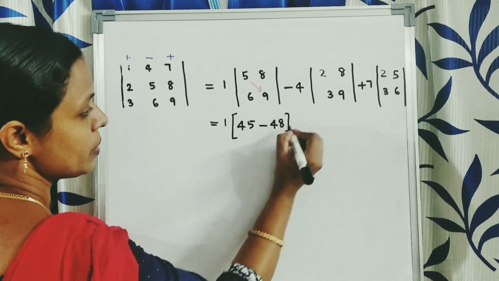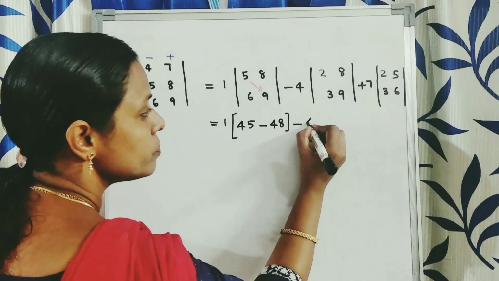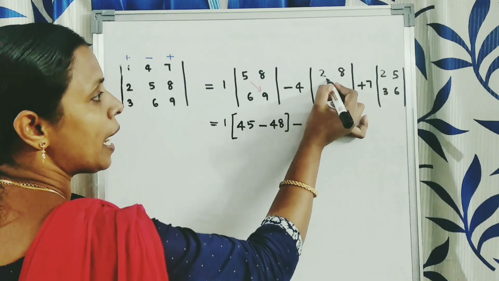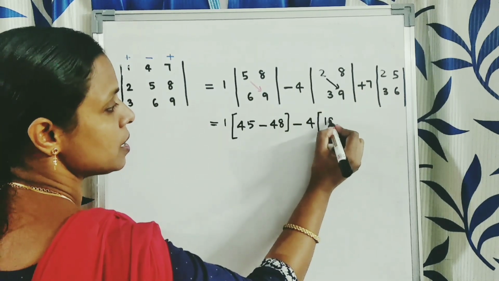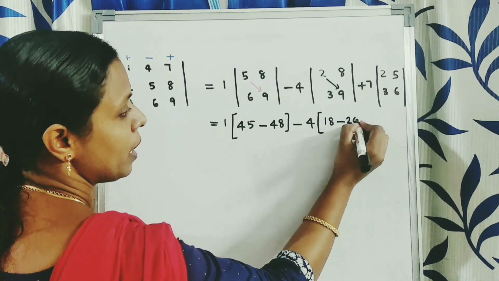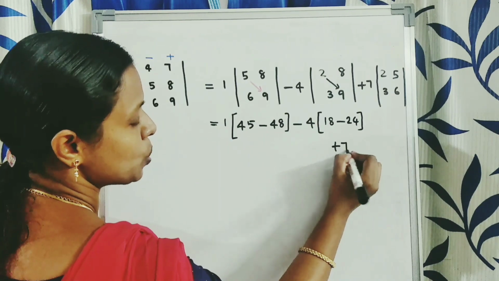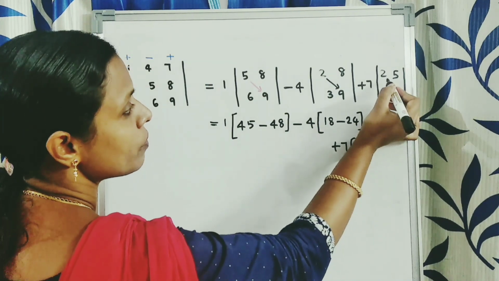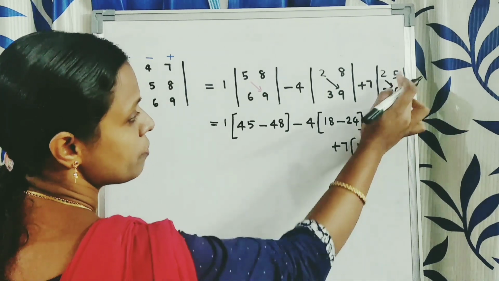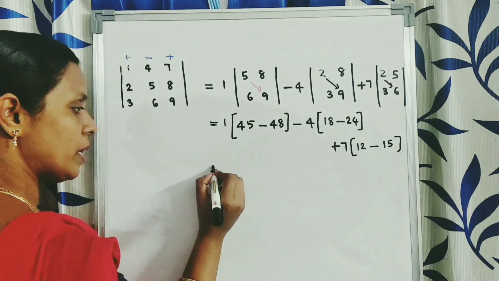Next, minus 4 into 9 into 2, that is 18, minus 8 into 3, that is 24. Then plus 7 into 2 into 6, that is 12, minus 5 into 3, which is 15.